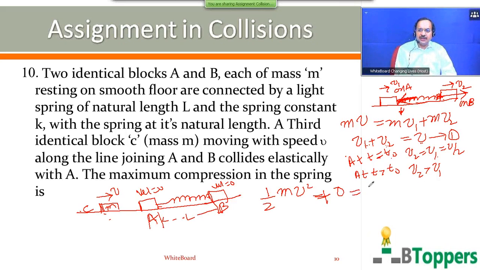So the total kinetic energy of the system of the two blocks at a later instant is equal to half m v1 square plus half m v2 square, that is the kinetic energy of block A plus the kinetic energy of block B, plus the elastic potential energy stored in the spring. So x is equal to xm, where xm represents the maximum compression in the spring.